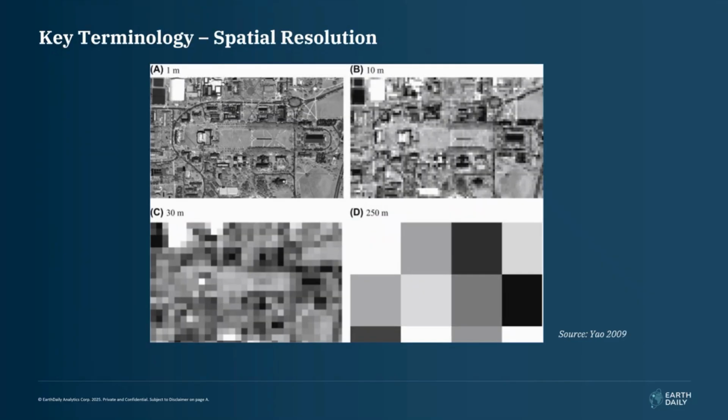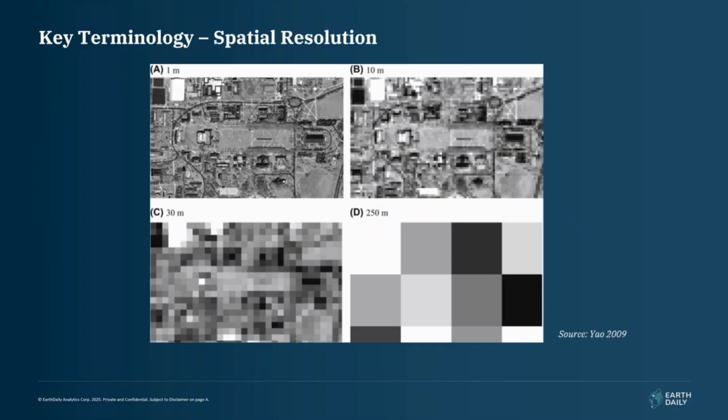Some key terminology that we're going to want to look at is spatial resolution. That is really the size of our pixel. You can see here, we're looking at a city landscape, and as the resolution increases, we're going to be able to see more detail. At 1 meter, it's pretty obvious what we're looking at.